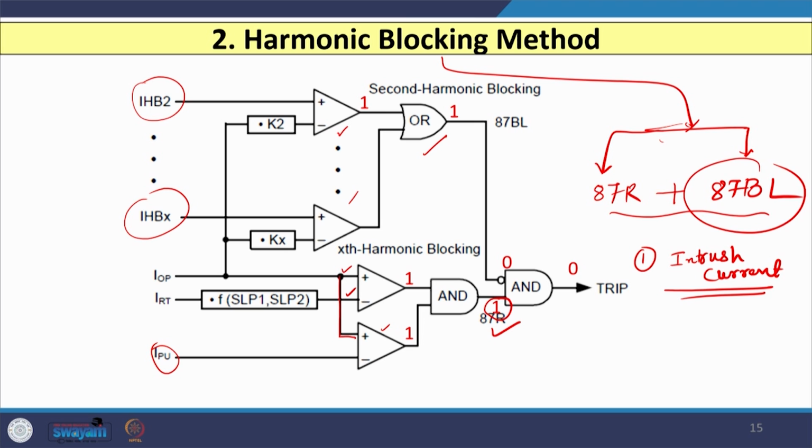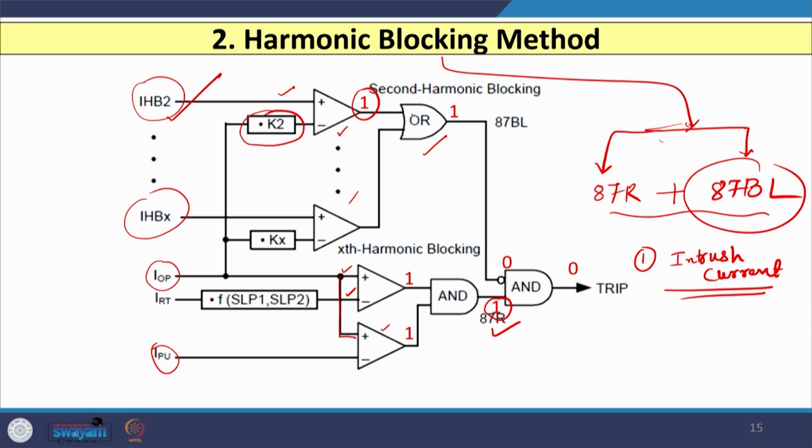So, in that case, K2 is nothing but the 20% of your operating coil current. So, when IHB2, where I is the current, HB is the harmonic blocking, and we are using the second harmonic, exceeds K2 multiplied by I operating, then you will get the 1 logic here, and that is given to the OR gate.